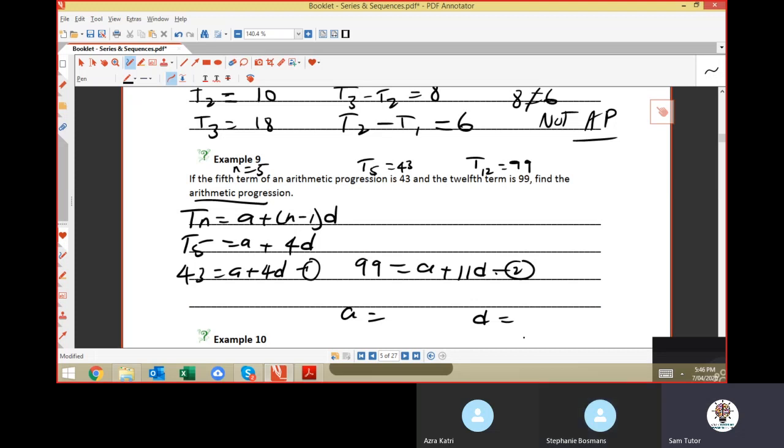On what day does the daily production first fall below 60 kilograms? So pretty much you want to find when Tn, the nth term, is less than 60 kilograms. But on what day, you want to work out the n. The Tn has to be less than 60. Does that make sense?